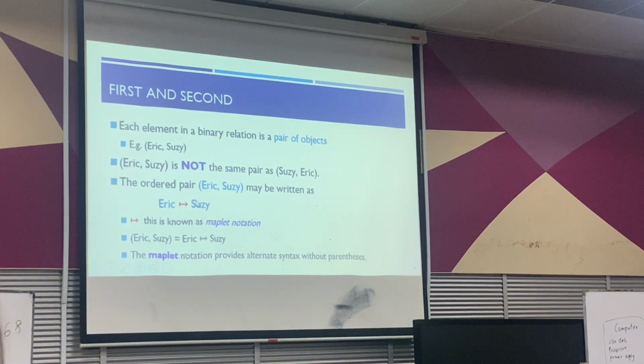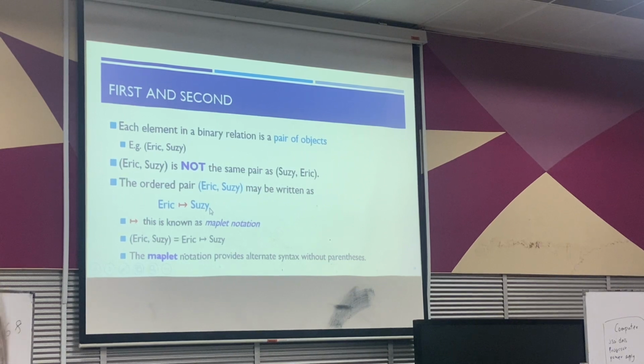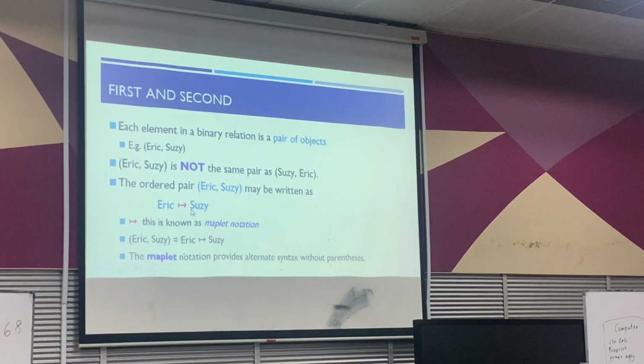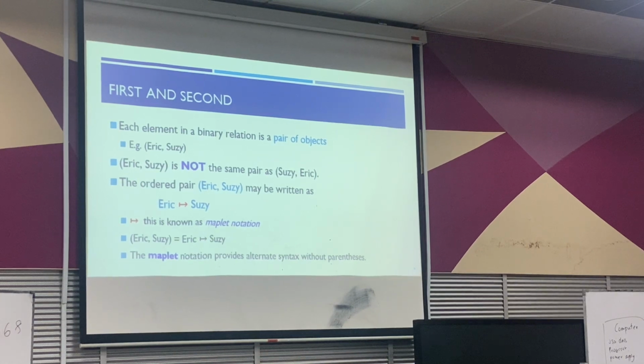When you have maplet notation, you are actually telling people that Eric is mapped to Susie in this case. Eric is mapped to Susie. That is what we mean by this statement, and that's why we call it maplet notation. If you put it the other way around, Susie, Eric, it means that Susie is mapped to Eric.